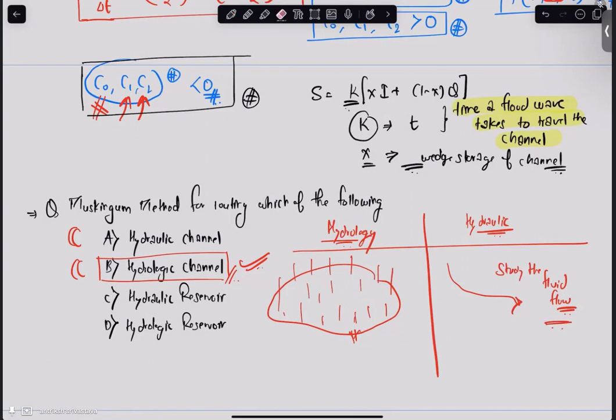But here we are not concerned with it. All the calculation that we are doing in hydrology is to get the outflow from a catchment, from a channel, or from a reservoir. We are not very much interested in how the flow is actually occurring, right? So in case of the Muskingum method, we are basically doing the routing for a hydrologic channel.